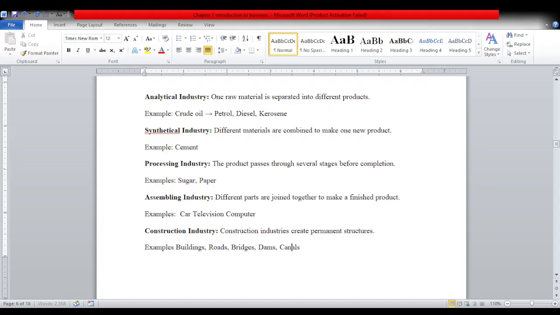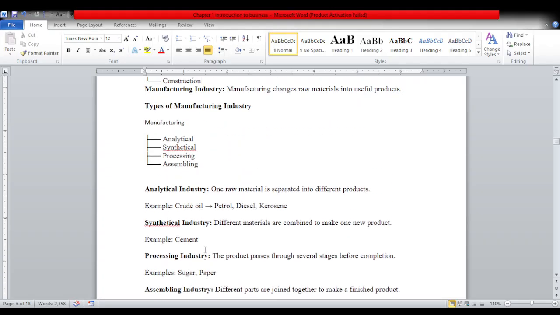In the same way, you use different elements for producing all these examples. In this way, the manufacturing industry and its different types will help you understand business in terms of industries.